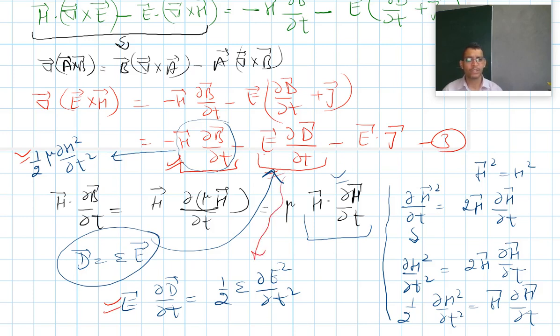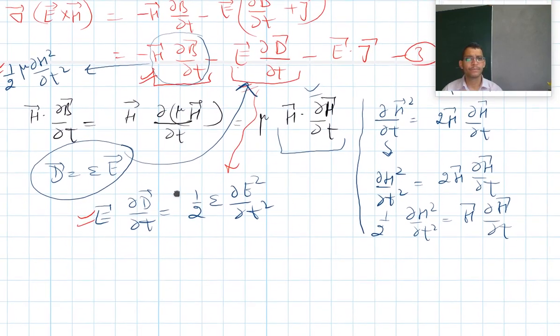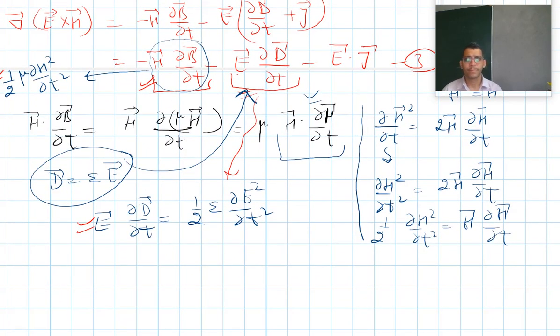Then this equation number 3 can be written as: del cross E cross H is equal to minus 1 by 2 curly over curly H. This mu can be taken here, so it can be mu H square, minus 1 by 2.